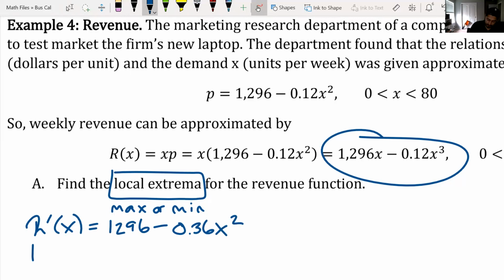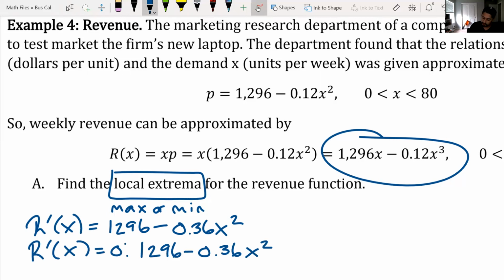Then set it equal to 0. 1296 minus 0.36x squared equal to 0.